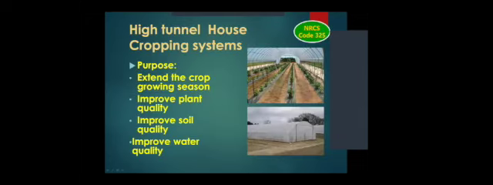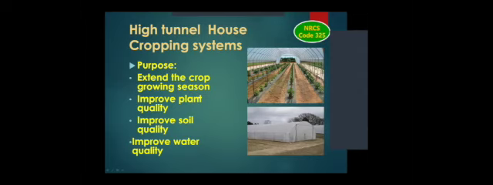And of course, we don't have to tell you what a high tunnel is. The main thing is, it extends the growing season, it improves plant quality, it improves soil quality, it also improves water quality. And NRCS has it under practice code 325.